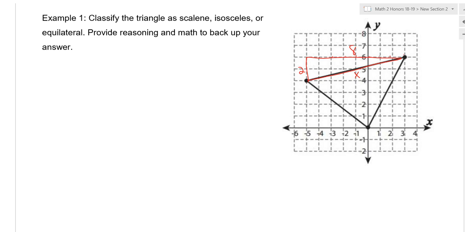So to find x, we're doing 2 squared plus 8 squared equals x squared.